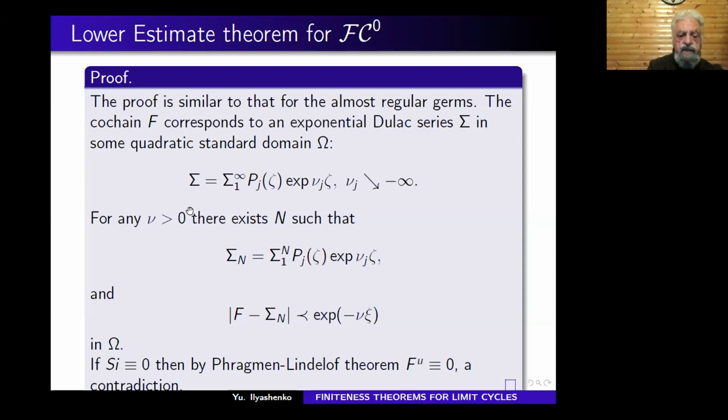But in this case, by the Phragmen-Lindelof theorem, the upper component of our cochain is identically zero. And this is a contradiction. We formulated the lower estimate theorem for the cochains with non-zero upper component. So this is the lower estimate theorem.